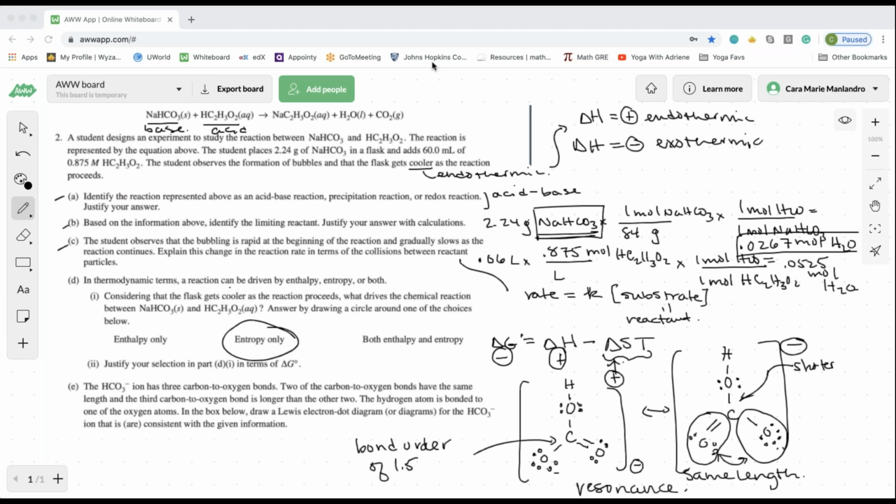Part F is an acid-base question that is not going to be covered on your exam, so we're not going to worry about it. Does anyone have any questions on anything that's on the board right now?